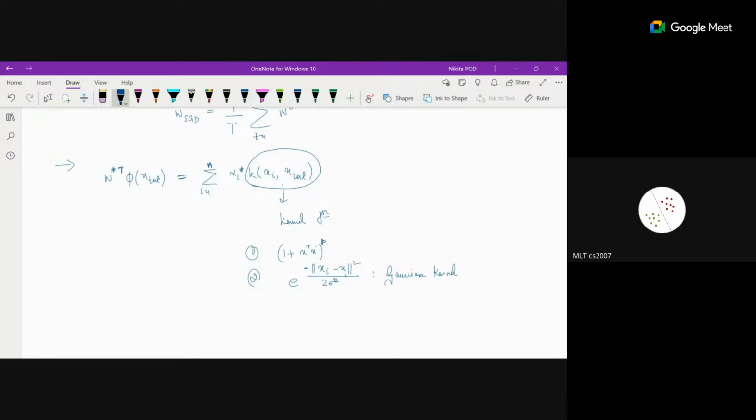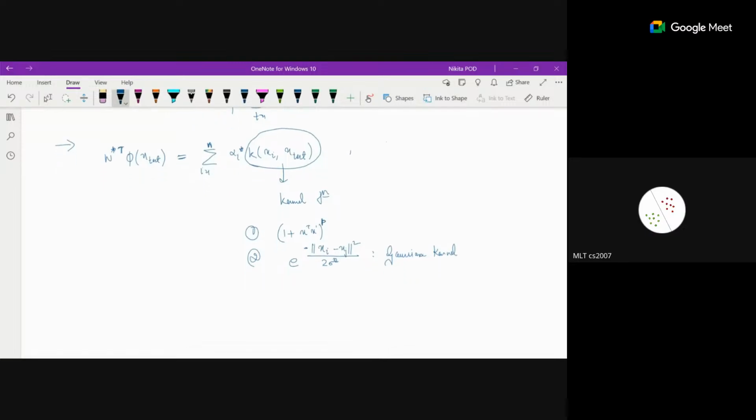And what is this alpha here? Your alpha was defined as K inverse y, right?